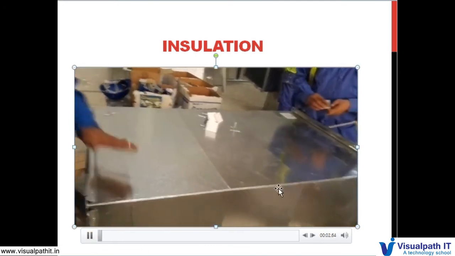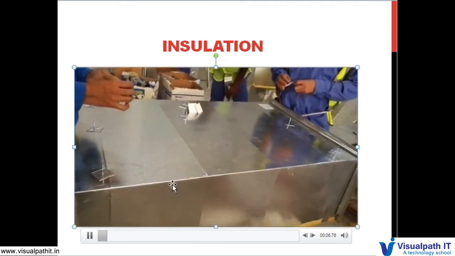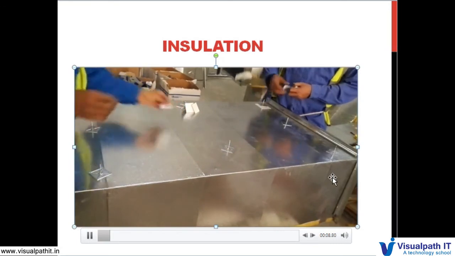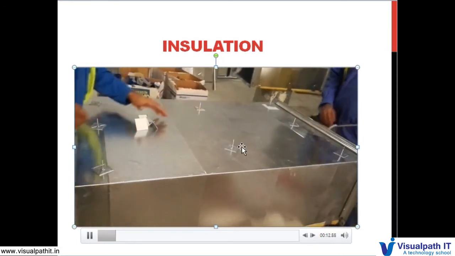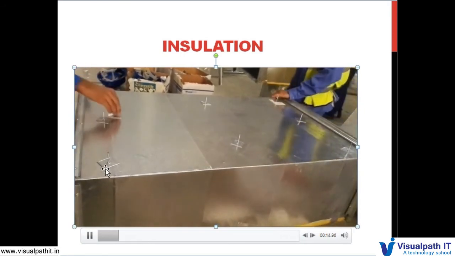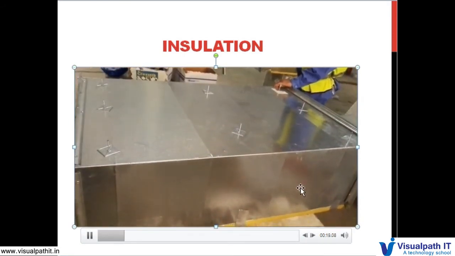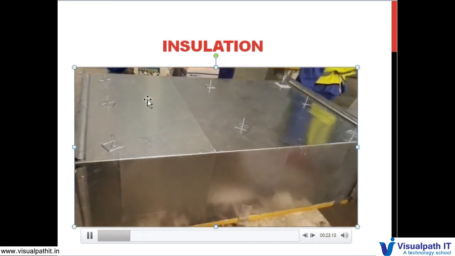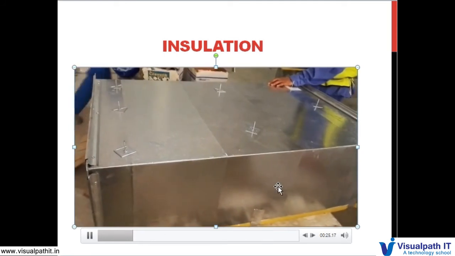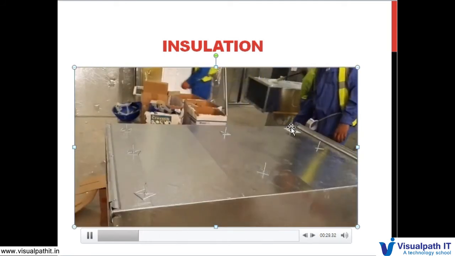This is the duct. These are all the stick nails. Once the duct is brought to the site, the workmen will use these stick nails, and they will stick them over the duct. Once it is done, they will apply an adhesive over the duct, which is nothing but glue, you can say, adhesive.